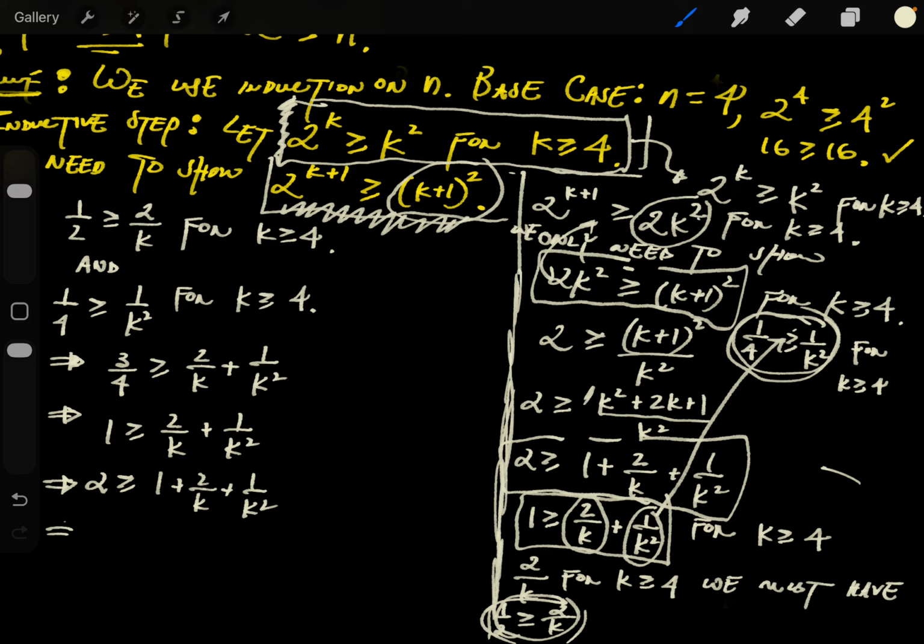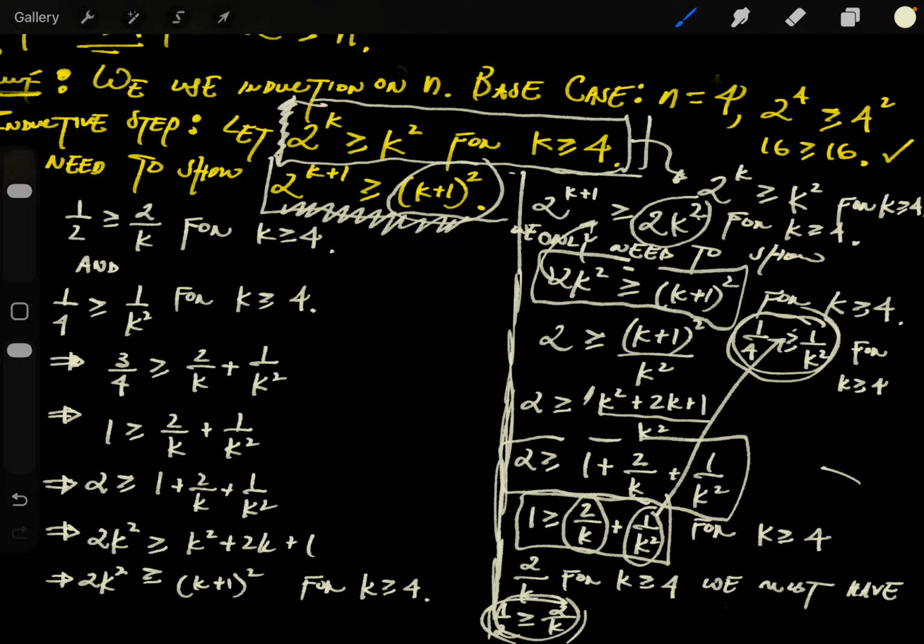And when you multiply by k squared on both sides, you get 2k squared is greater than or equal to k squared plus 2k plus 1. And this refactored is k plus 1 squared. So we got 2k squared is greater than or equal to k plus 1 squared, again, and this is key, for k greater than or equal to 4.